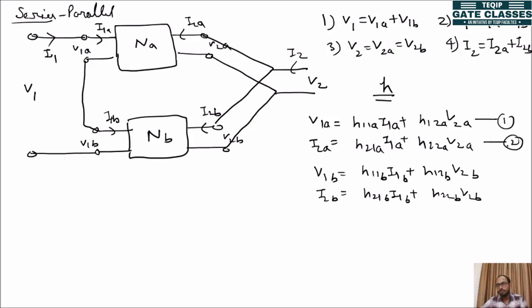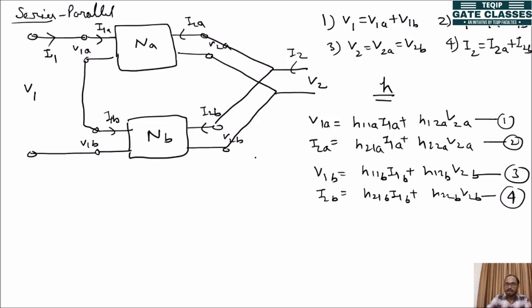Equation 1, equation 2, equation 3, equation 4. Now you have to find out what will be the complete H parameter for this network. Complete H parameter means V1 must be a function of I1 and V2, and I2 also must be a function of I1 and V2.